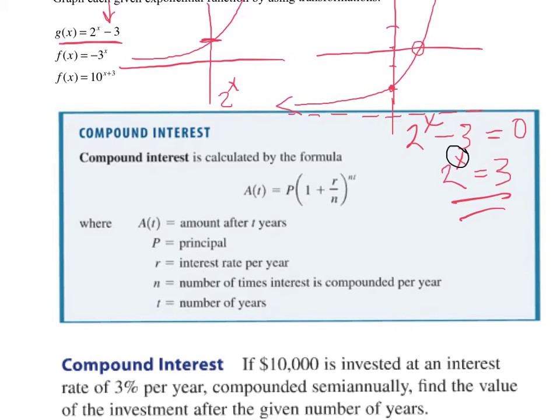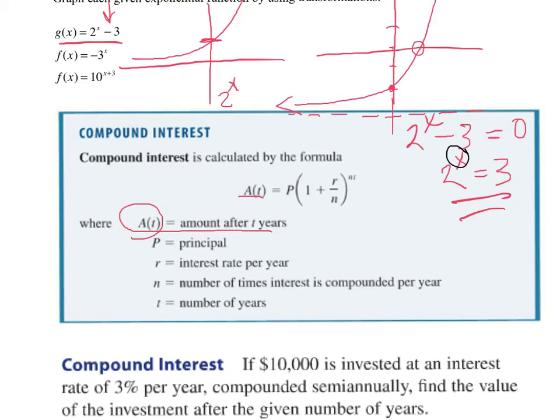So what we want to see is this formula for calculating the compound interest. The compound interest formula tells us the amount after t years, that's A of t. So this formula tells us how to calculate A of t.